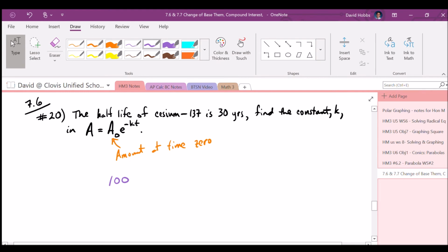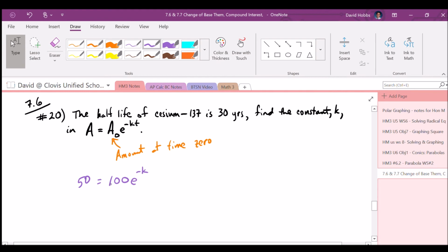Well, the half-life is 30 years. So if I use the 30 years, how much will A be after 30 years? Well, this is how half-life works. 30 years passes, half of it will be gone, so I'll be down to 50. And then I've got E, and I'm trying to solve for K, and T is time.